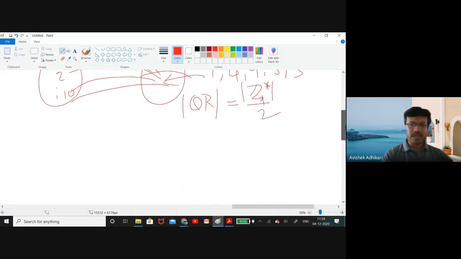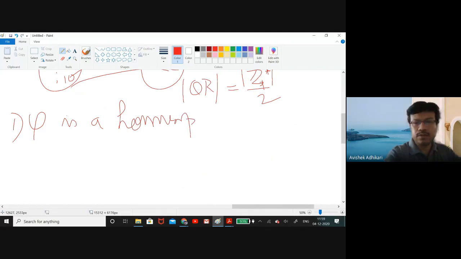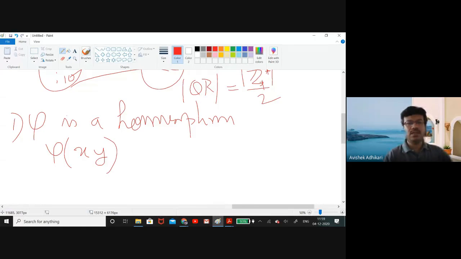Okay, what he tells is like this: phi is a homomorphism. Is it clear? First, try to prove this. What do we need to check? Phi of xy, dropping the class notation. What is this value? This is xy whole square.